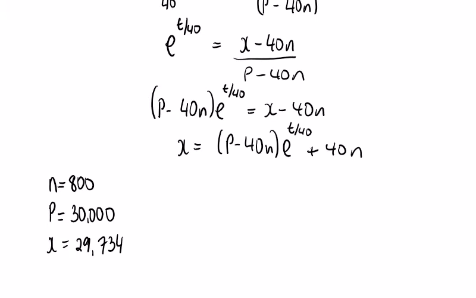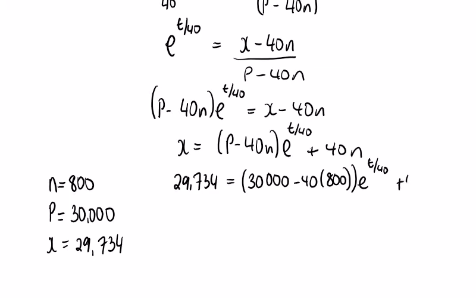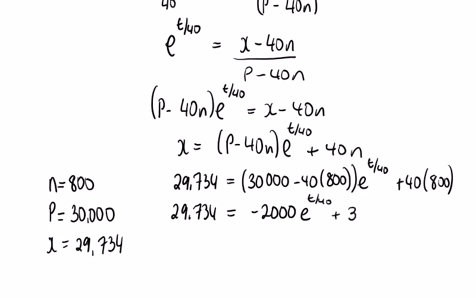Okay, so fill our variables in. 29,734 is equal to (30,000 minus 40 by 800) times e to the power of t, this is the t we need to solve for, over 40, plus 40 times 800. So that will give me 29,734 is equal to 30,000 minus 32,000, so that's going to be minus 2,000 e to the power of t over 40 plus 32,000.